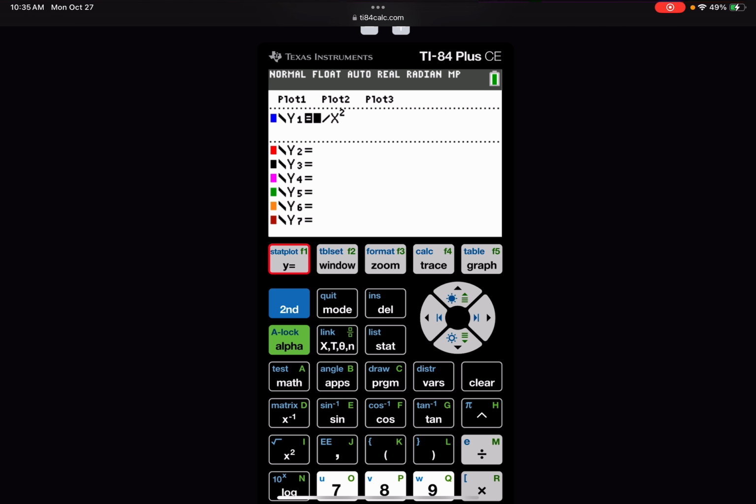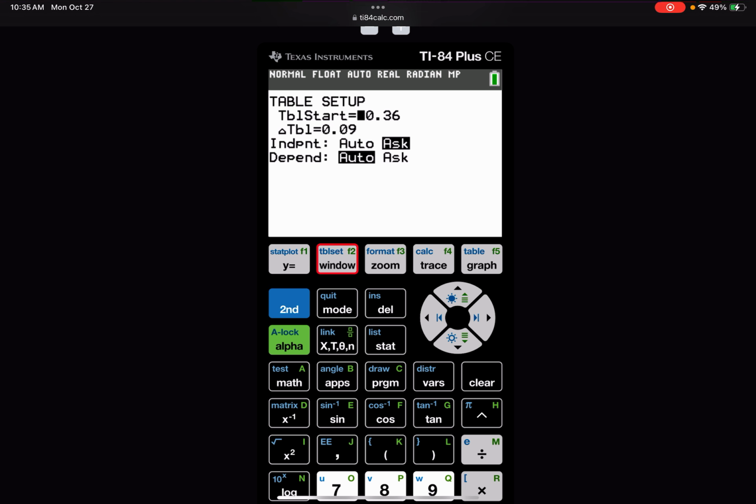If I go to second table set, really the rest of this doesn't matter, but if I change the independent to ask, so if it was on auto, I'm going to switch it to ask and click enter. That way, all you have to do is hit enter and change independent to ask, and then I'm going to click second graph to go to my table.